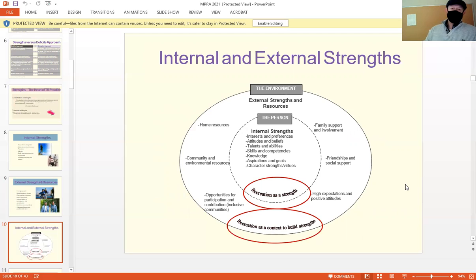Things like your home resources, all of the things that we just named, family support, your friendships, high expectations, all of those things. Recreation can be used to build your strengths, to build off of those things. Eventually, your recreation becomes a strength, and it becomes part of your internal strengths because it's part of you.